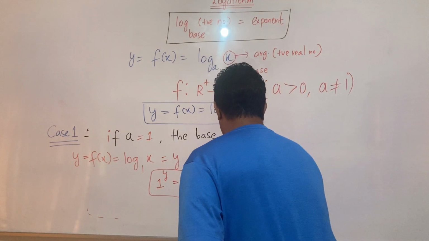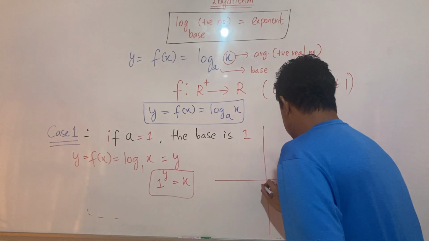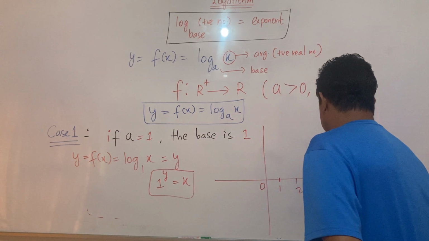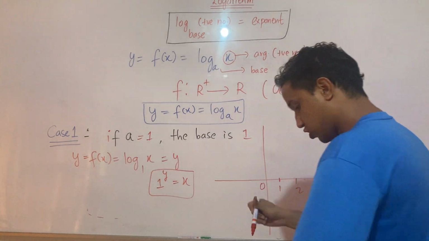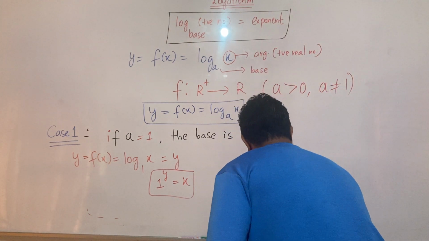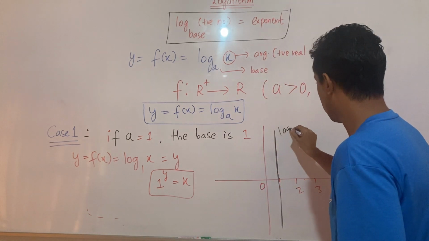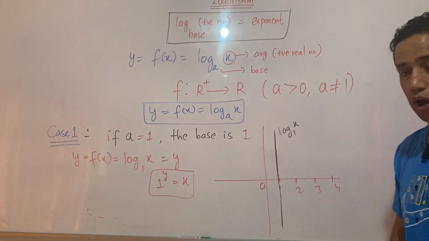For example, if you draw the graph for this, this is your 0, 1, 2, 3, 4. It's going to be like this. This is 1. So this is going to be the graph of log of x to the base 1. Why?